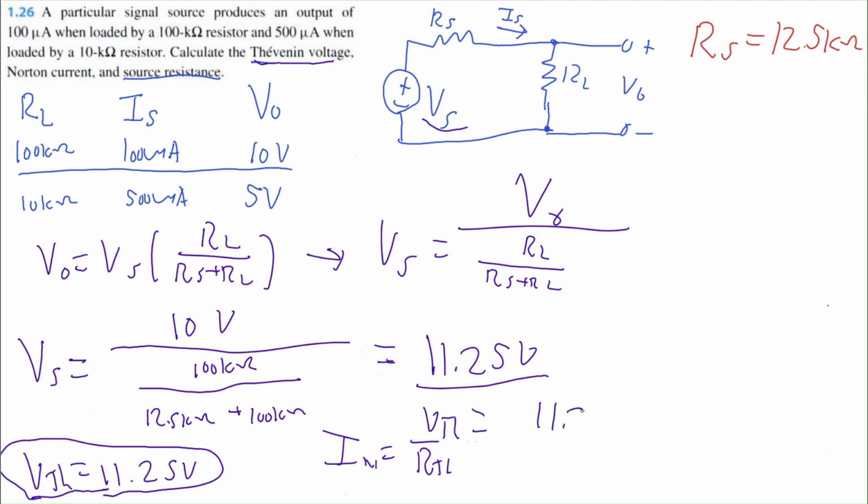So that would be 11.25 volts divided by 12.5 kiloohms. Could do this math. That is 0.9 milliamps. That's a 0, not a 6. Let me fix that. 0.9 milliamps. So that takes care of the problem.